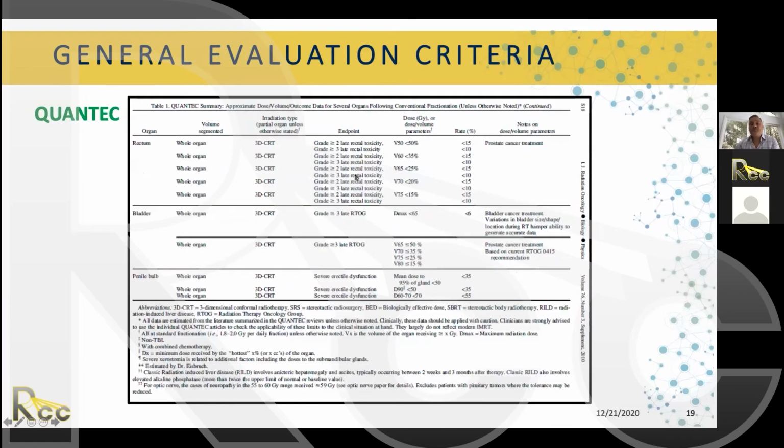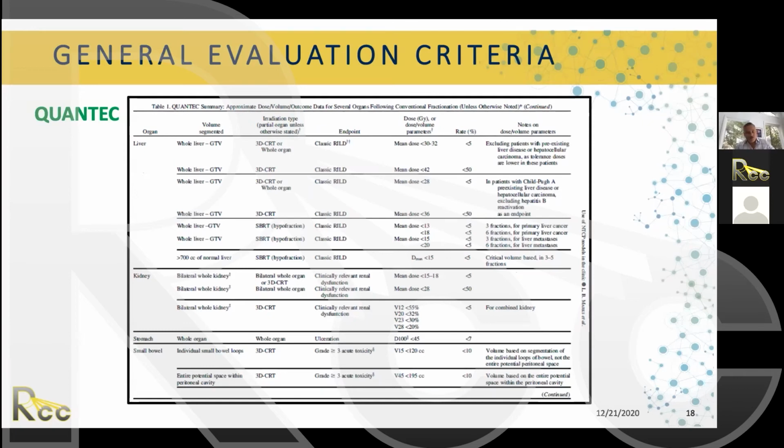So again, I just wanted to include this here because it is a good starting point, and I'm sure all of you in your institution already have those criteria for OARs. Most probably you get them from here or from your own country's discussions, but this is a good starting point.